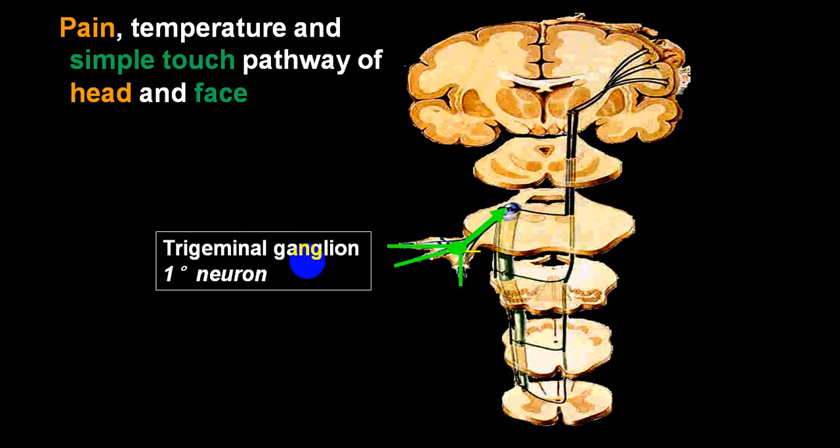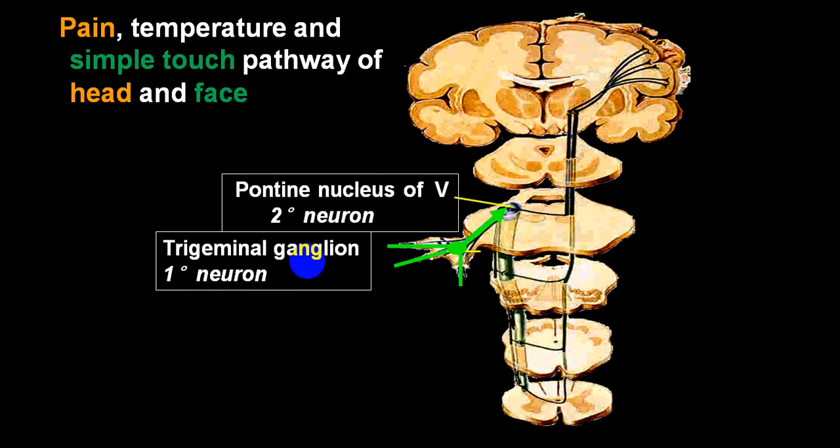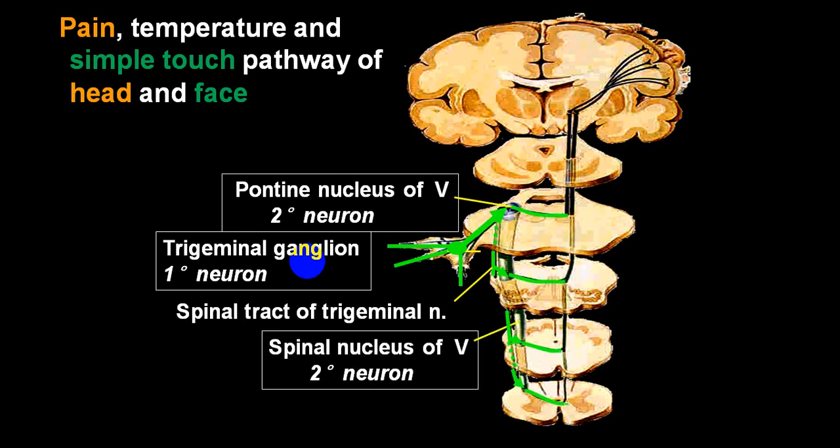Then all those fiber will end in trigeminal nucleus in a pons, and from that the fiber will descend down few segments and then it will cross to the opposite side.